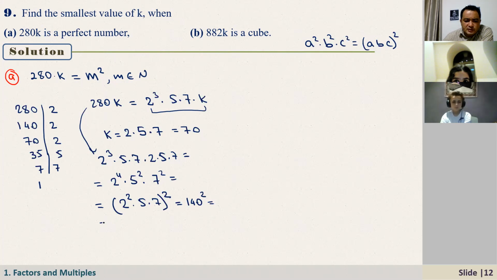I can also evaluate this: 14 squared is 196, and 10 squared is 100, so that is 19,600. That's a perfect square, the square of 140. So the smallest value of k which makes this expression a perfect square is 70.